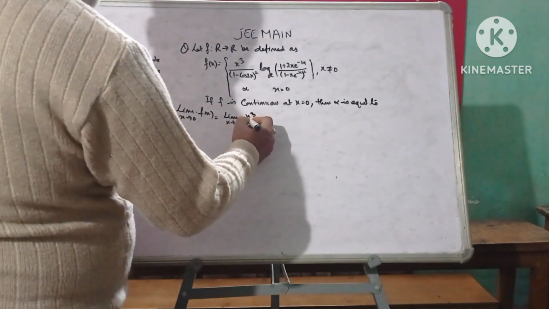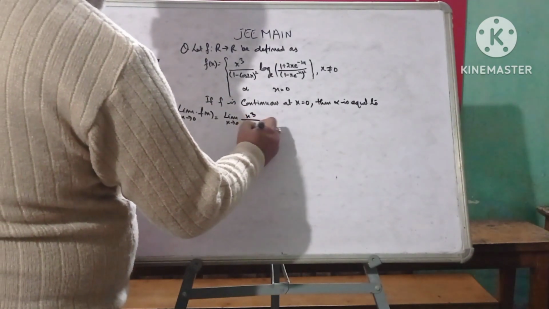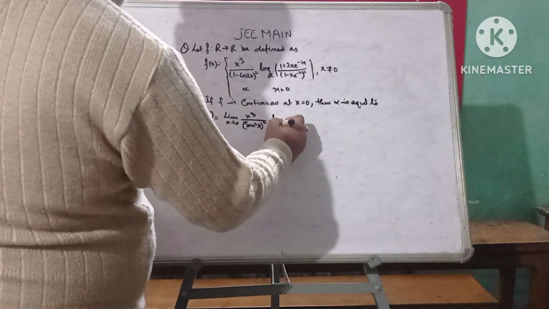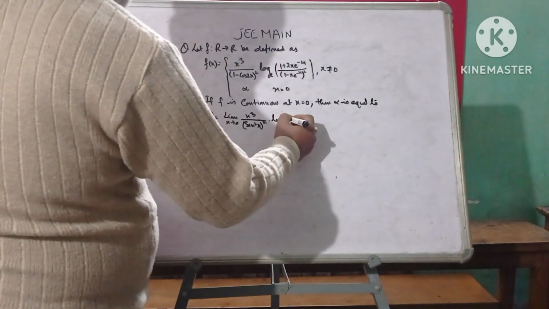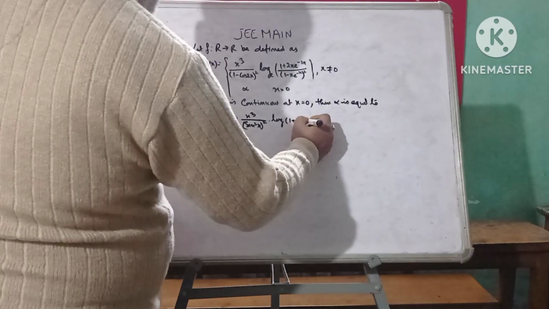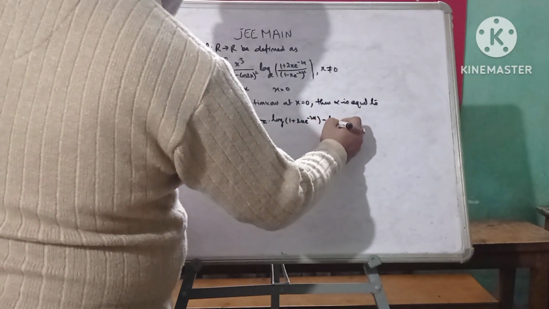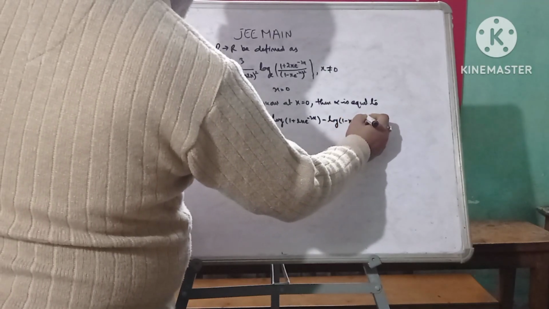So this is sine square x the whole square. And this is log, here log of m by n is log m minus log n: log of (1 plus 2x) e to the power of minus 2x minus log of (1 minus x) e to the power of minus x, the whole square.